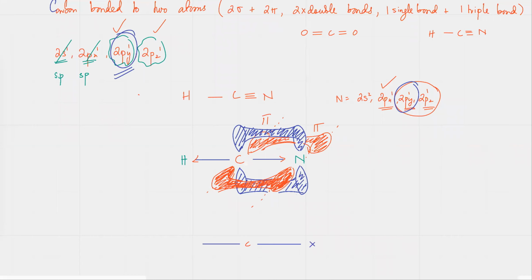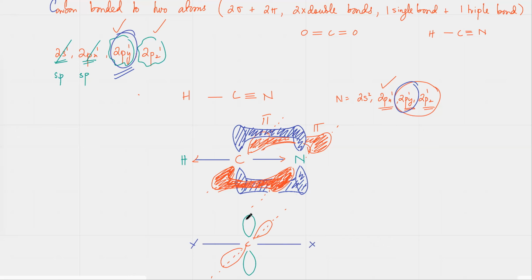So there's an atom X, there's an atom Y, and two of the orbitals are unchanged. So one on the z-axis and one on the y-axis. And these two orbitals would be involved in pi bonding.